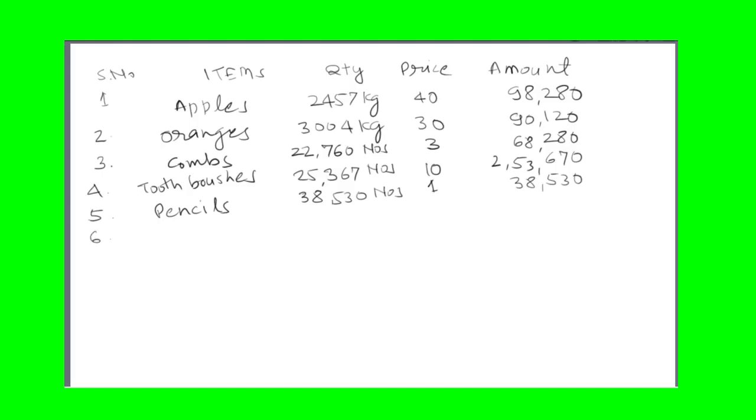Sixth item sold was notebooks. The quantity sold was 40,002 numbers.